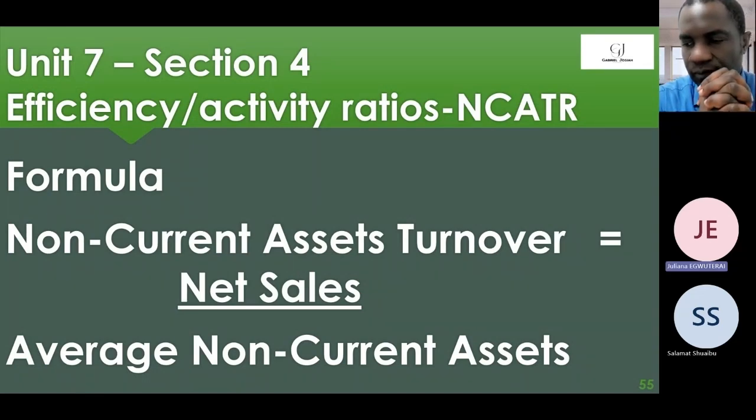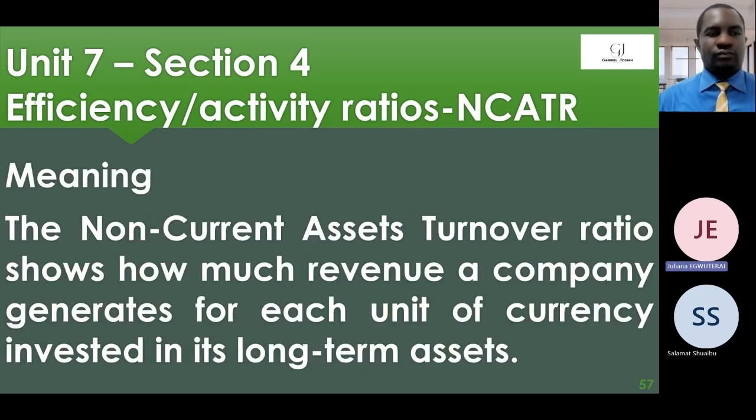It just shows how, do you interpret it? What does it mean? It shows how well the non-current assets are being utilized. It shows how much revenue a company generates for each unit of currency. So every naira that was invested in non-current assets shows how much was used to generate revenue.